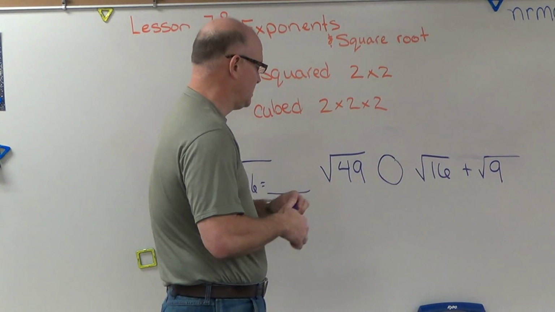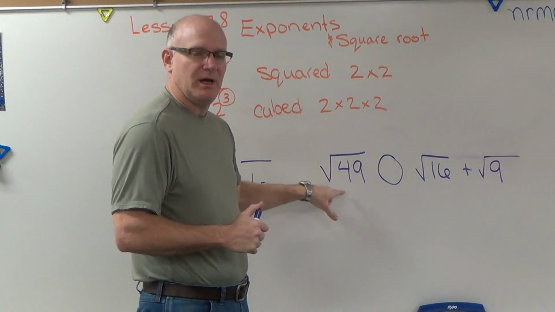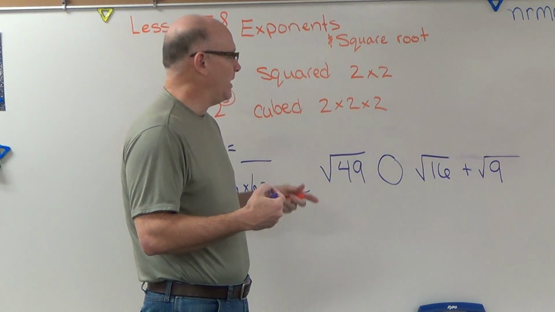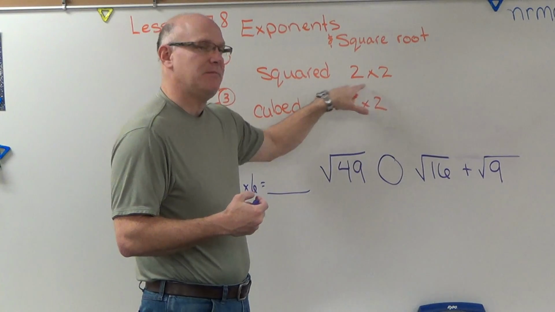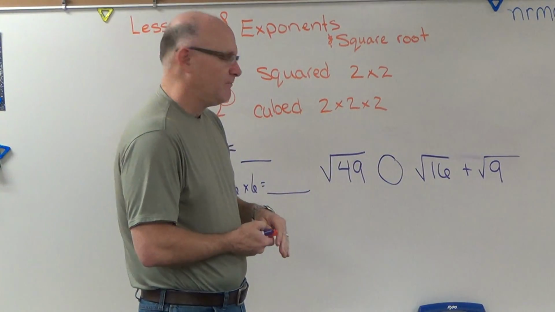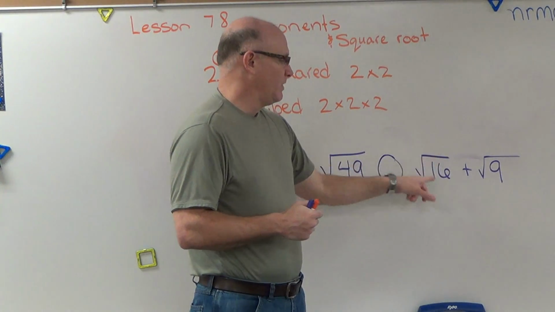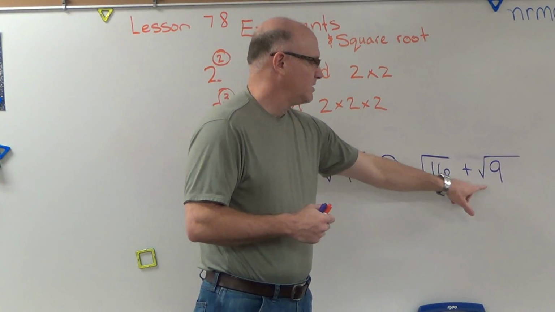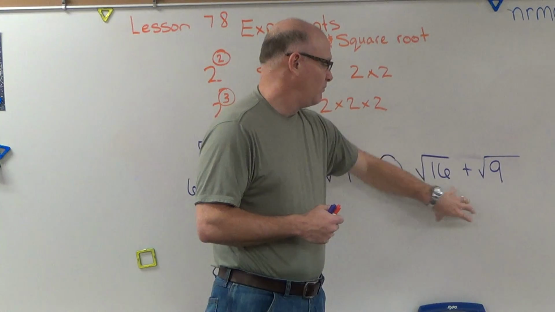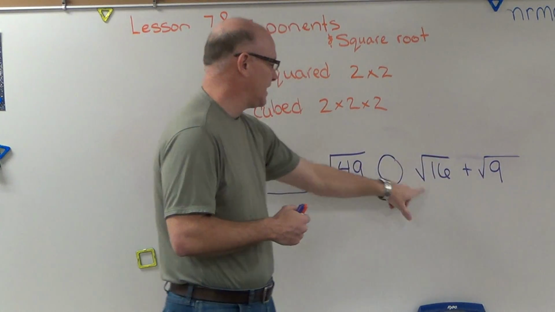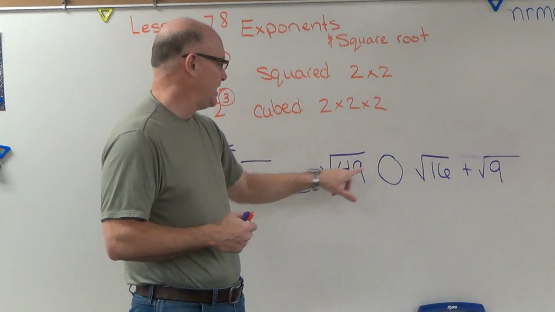So here you'll have to figure out what number times itself gives you 49, and is that going to be greater than, equal to, or less than the square root of 16 plus the square root of 9. So whatever this one is and this one, add them together, and is that going to be equal to, greater than, or less than this one?